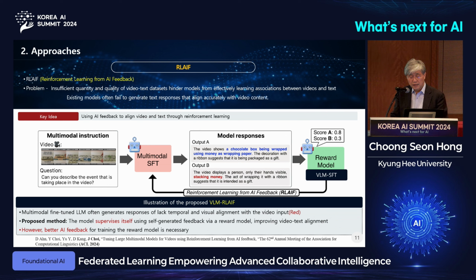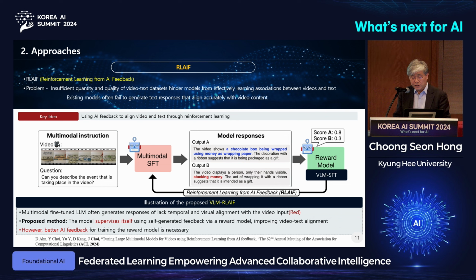Existing models like SFT, supervised fine-tuning, often fail to align the video and text properly. For instance, the output shown here as output B has poor temporal and visual alignment with the video input.